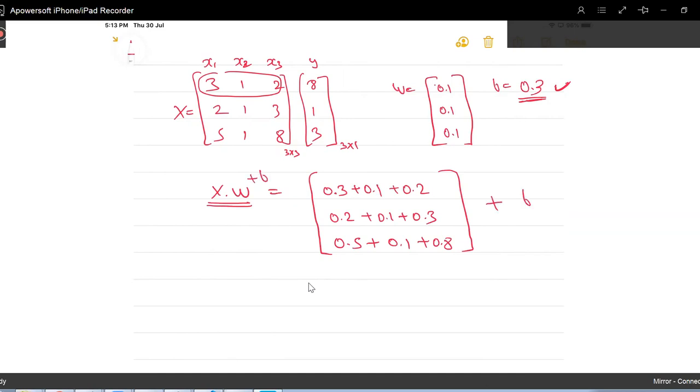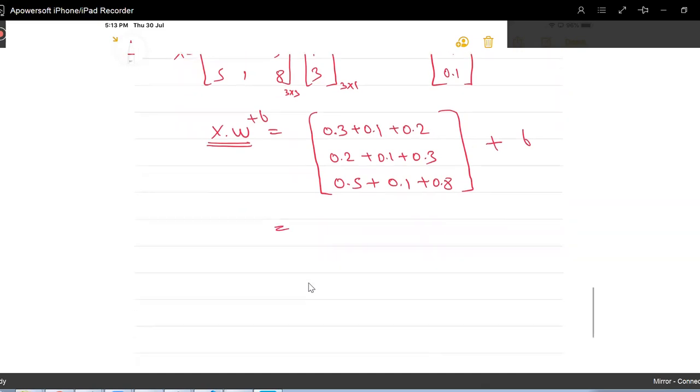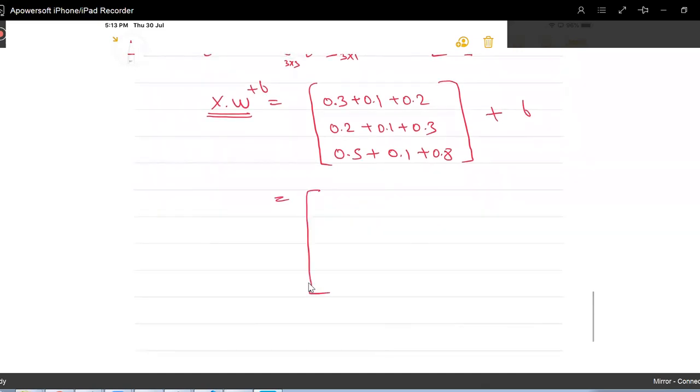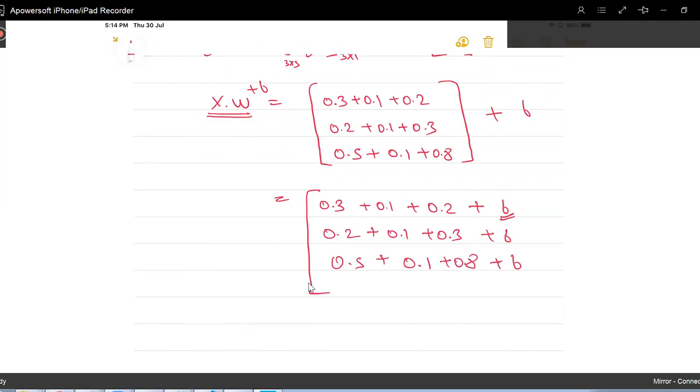So what will be the value if we add the bias? That 0.3 plus 0.1, 0.2, plus bias. 0.2 plus 0.1 plus 0.3 plus bias. This bias will be added to every row. 0.5 plus 0.1, 0.8 plus bias.